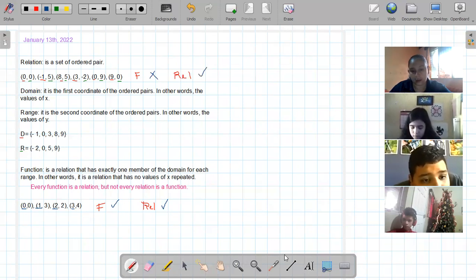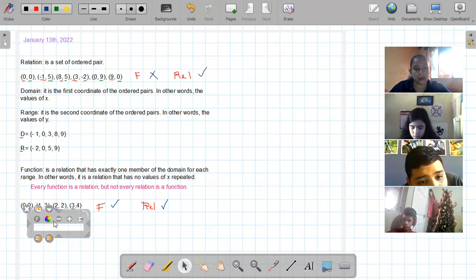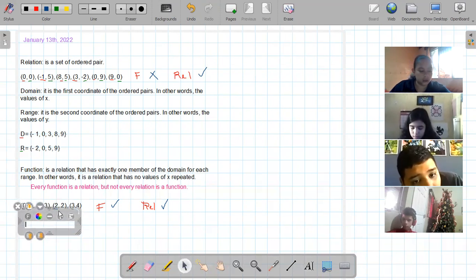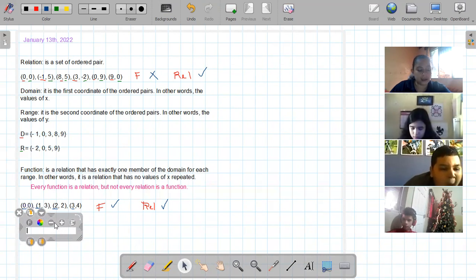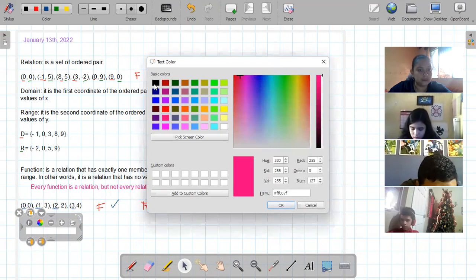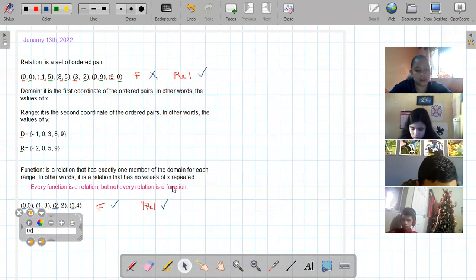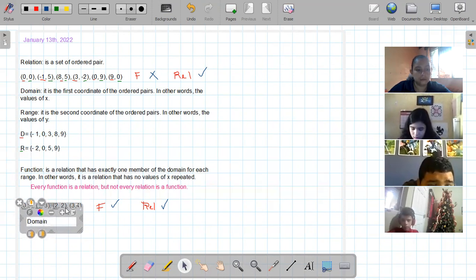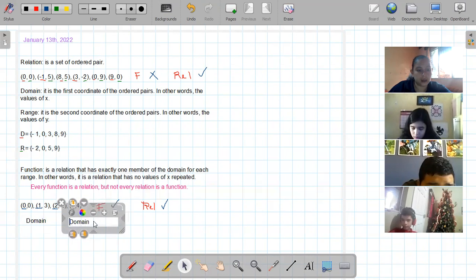That's one way. The other way is doing a two-column table. So for this same exercise, I'm going to place over here domain, and over here range.